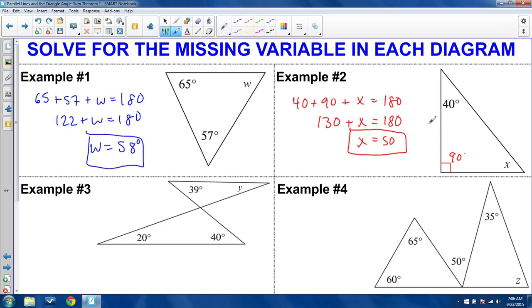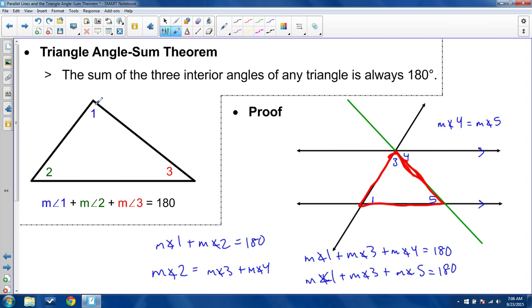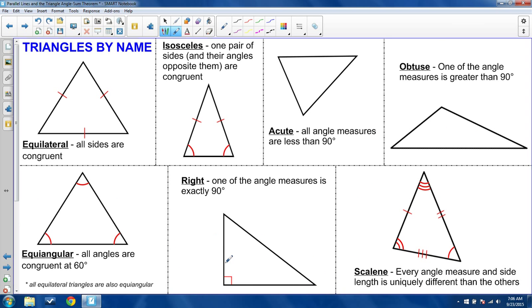Now, I want to go back to my previous, two previous slides ago, after we talked about right triangles, equilateral triangles, and the triangle angle sum theorem. Recall that the triangle angle sum theorem states that when you add these up, they all equal to 180. Well, in a right triangle, if one of your angle measures is 90, then that means that your other two angle measures, if these add up to 180 and I subtract 90, add up to 90 degrees.